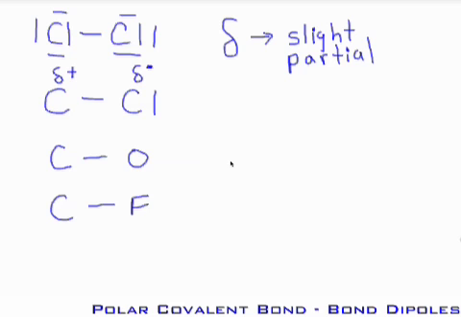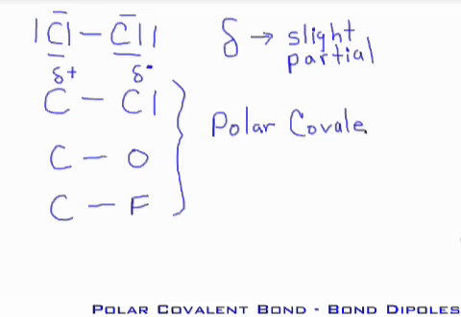Now this leads to the bond becoming what we call a polar covalent bond. It's still covalent, it's not ionic. We haven't completely transferred electrons. We haven't made full negative charges.